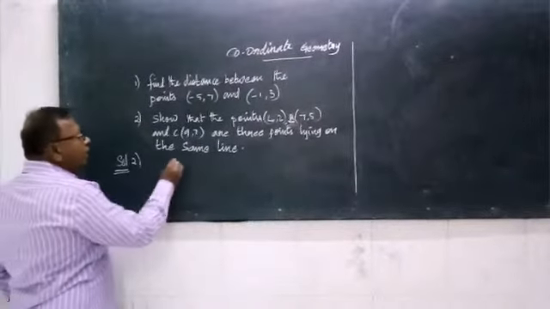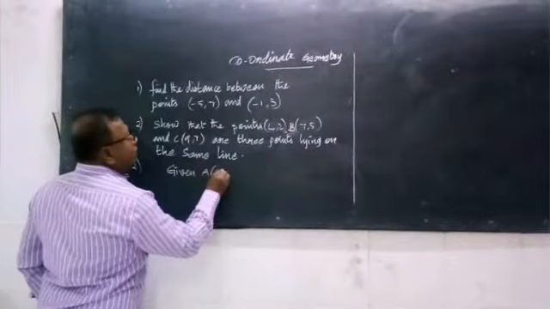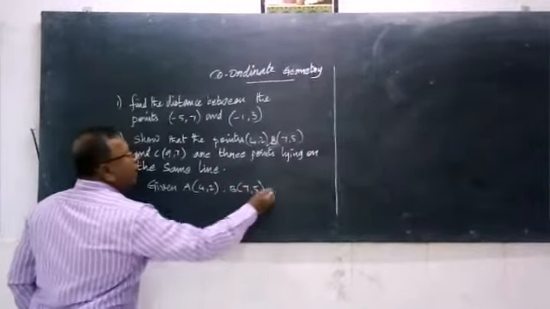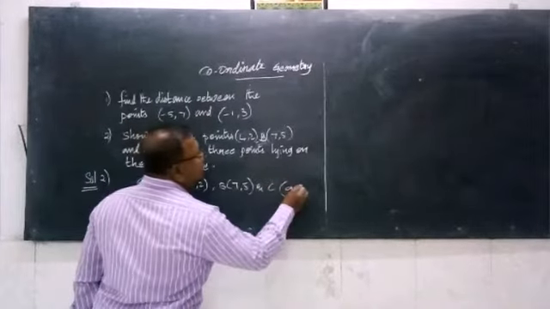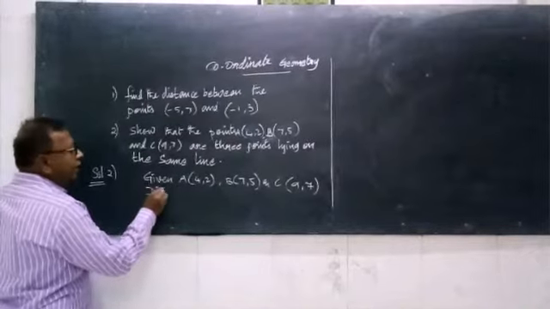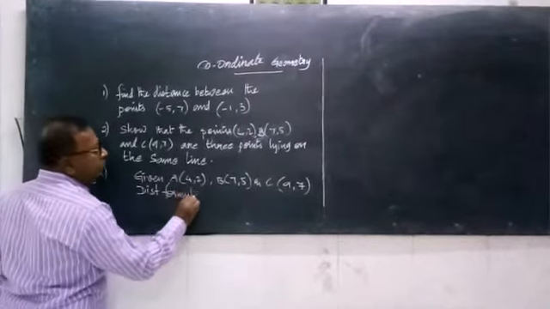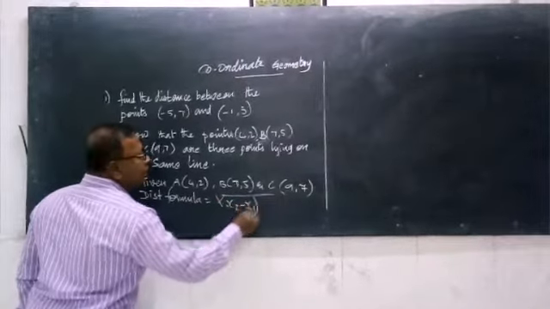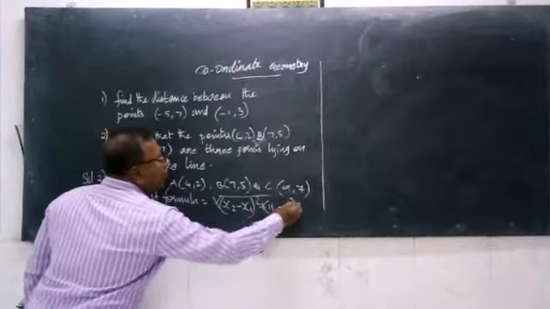Now the given points. What are the given points? It is A (4, 2), B (7, 5) and C (9, 7). These are the given points for us. Now the distance formula, once again try to recall. The distance formula is root of (x2 minus x1) whole square plus (y2 minus y1) whole square.